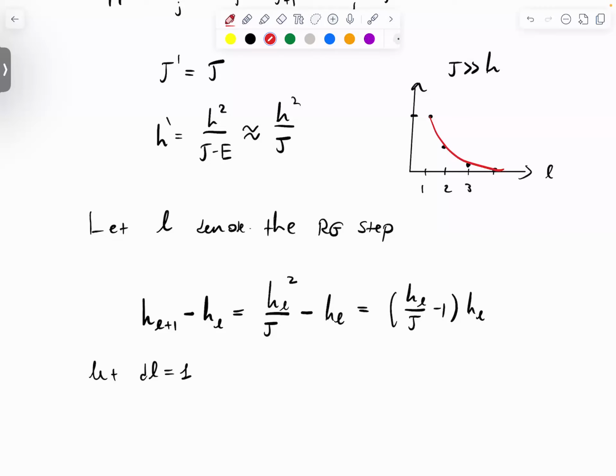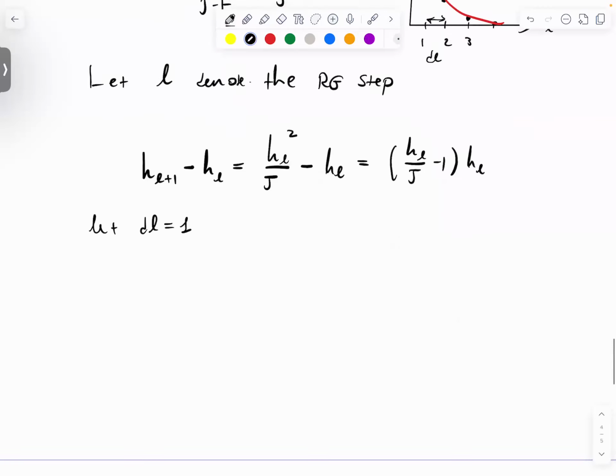And now I want to define a slope. So this is my dL, dL is equal to 1. All this is to say that this reminds us of an RG equation: dH/dL is equal to H over J minus 1 times H, and dJ/dL is equal to 0, because nothing happens to J under this RG transformation.